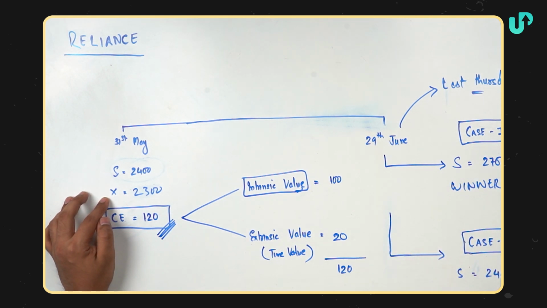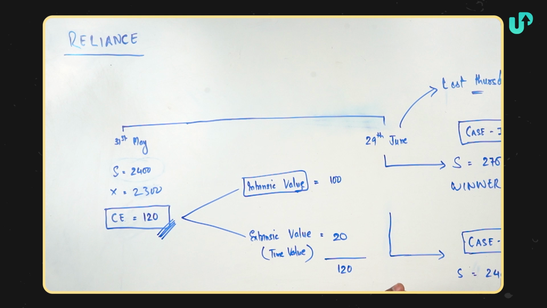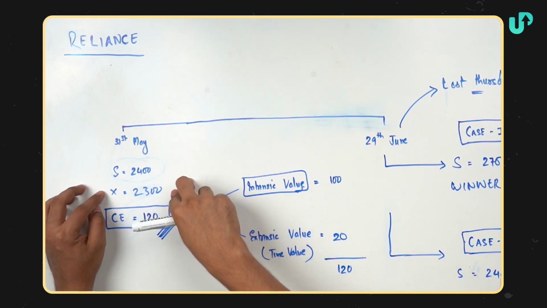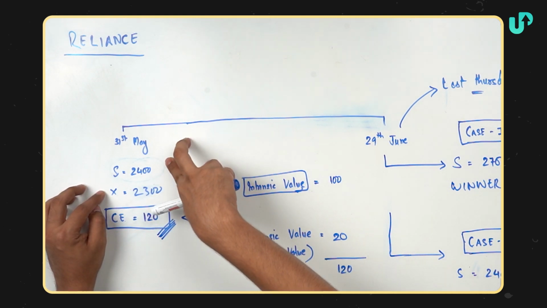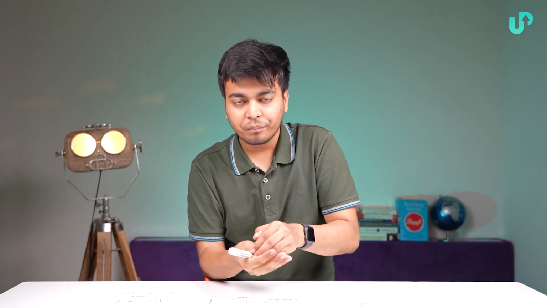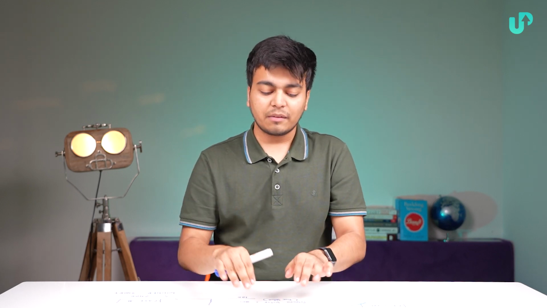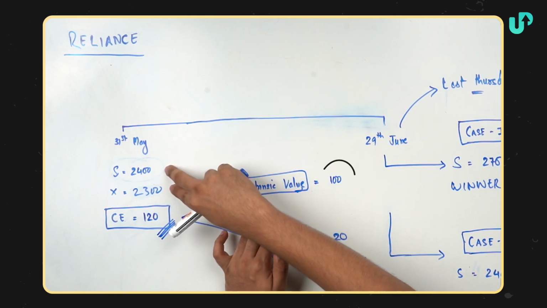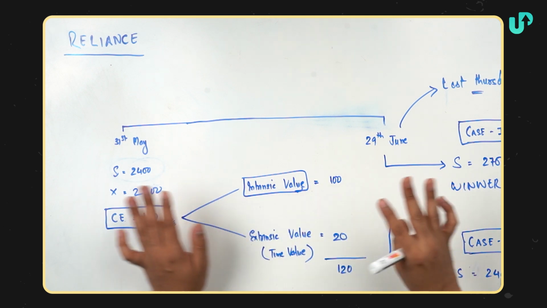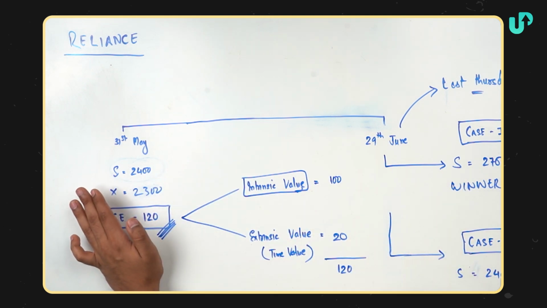Because the current price is 2400 and you have the right to buy it at 2300. So you get it for 2300 and sell it in the market for 2400. Whatever money you would be able to make in the entire transaction, if you get to exercise the right right away, that profit is nothing but your intrinsic value. So here 100 rupees is your intrinsic value, which is very clear.